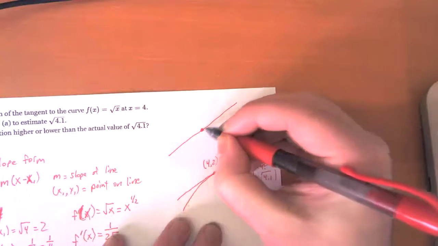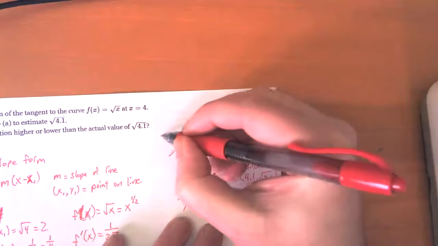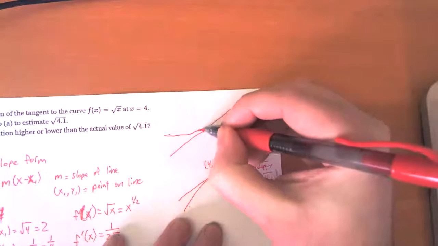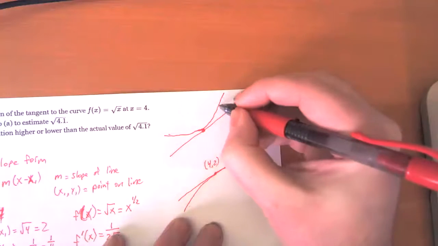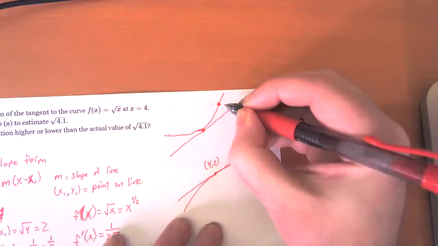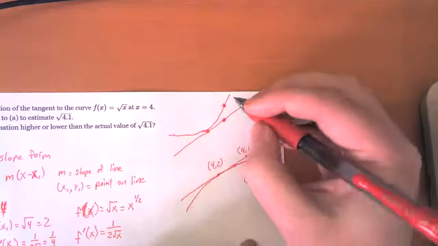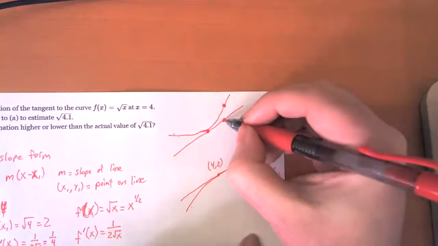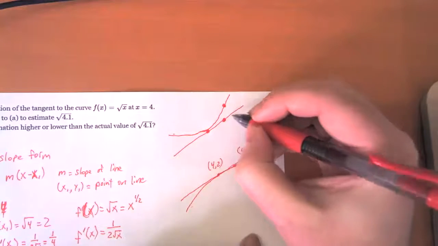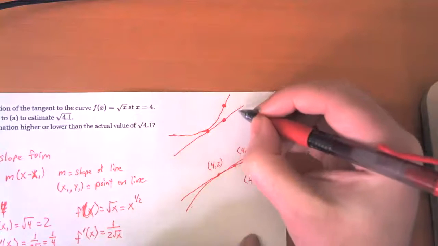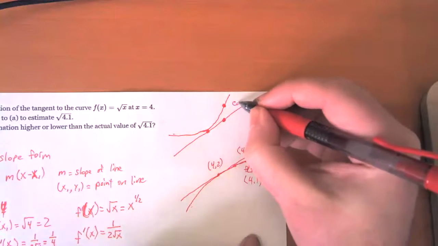So if this was our tangent point and the function was concave up like this, then this is the point we would be trying to estimate. This is the point that the tangent would tell us that it was about, and our linear estimate would be an underestimate.